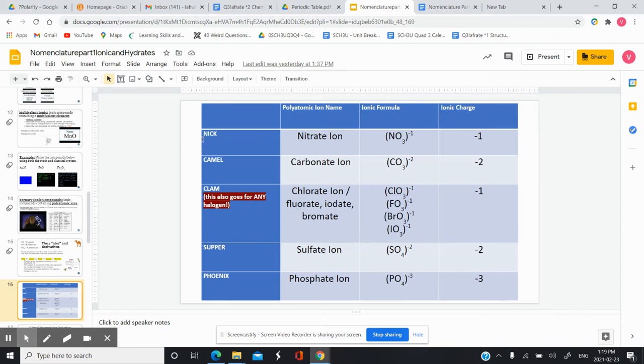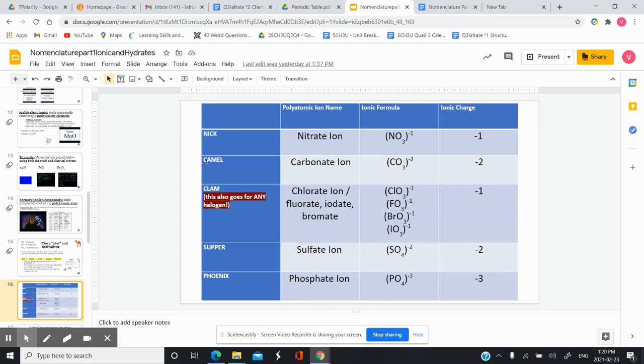So if we look here, Nick, the first letter N is what the polyatomic ion starts with. So N. The consonants, so N, C, and K, there's three of them, tells you the number of O's, so NO3. And the vowel tells you the charge, 1 minus.